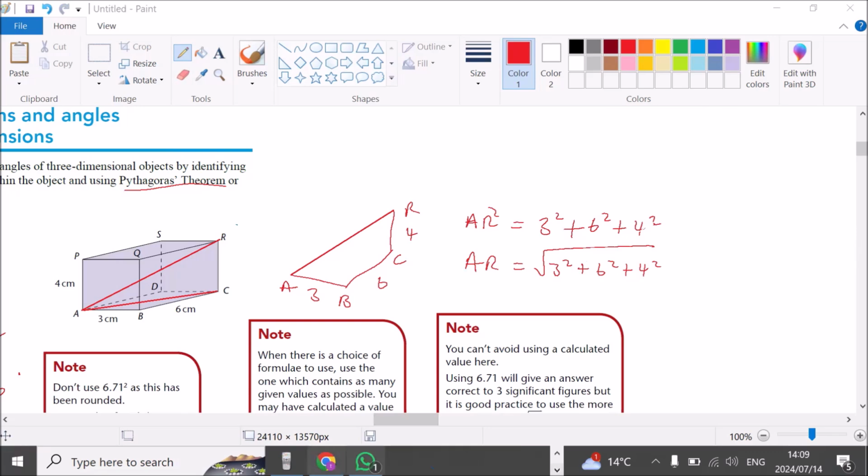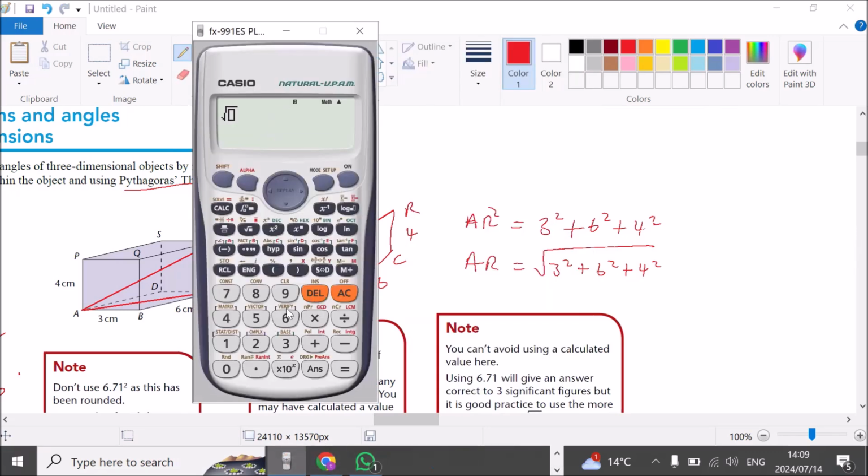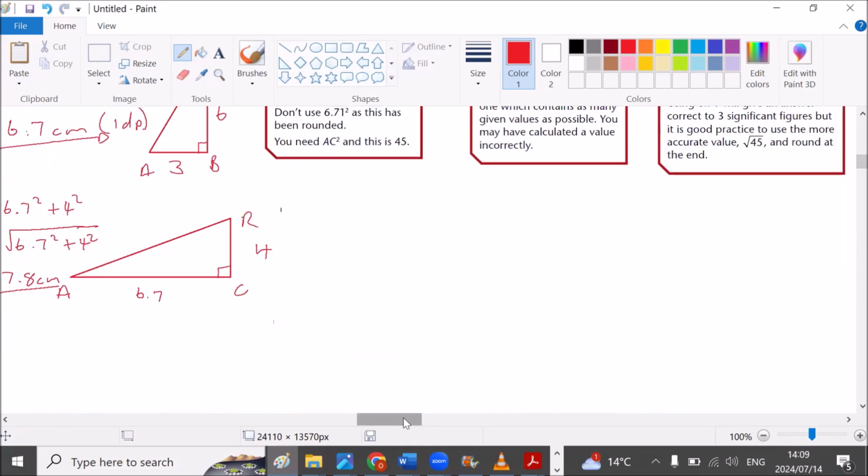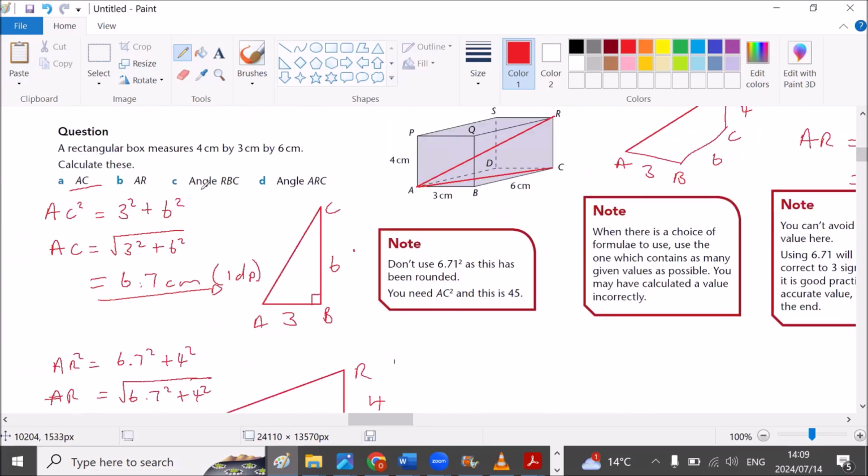Using our calculator, square root of 3 squared plus 6 squared plus 4 squared will give us root 61, which is 7.8, which is the same as what we found there, 7.8.